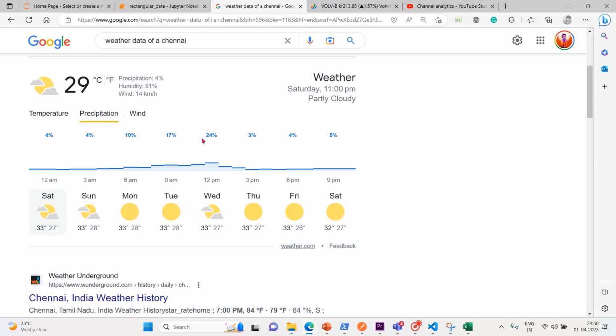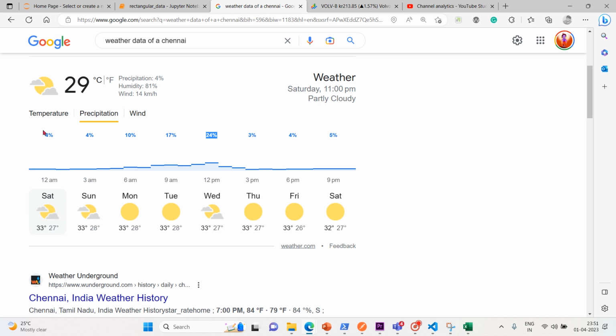You see that the precipitation is too high. The amount of moisture in the air is too high. It's 24% at 12 p.m. afternoon. It's huge, because as the temperature increases, it's a coastal area, the water from the sea will evaporate, and the evaporated water will mix with air, and that's where the moisture content of the air increases.